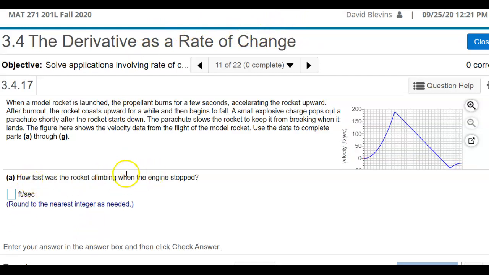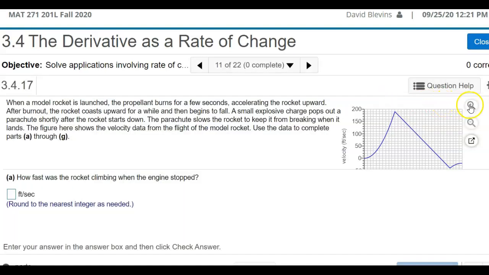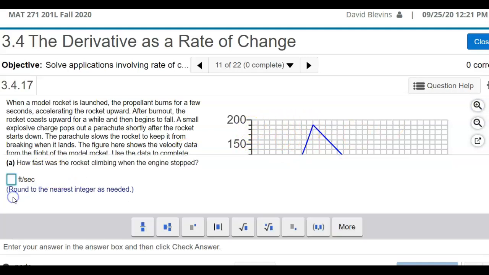All right, how fast was the rocket climbing when the engine stopped? If we blow that up and look at it, I can't really even see that in this window. So this is 150, 160, 170, 180, 190. It looks like it was 190 feet per second.